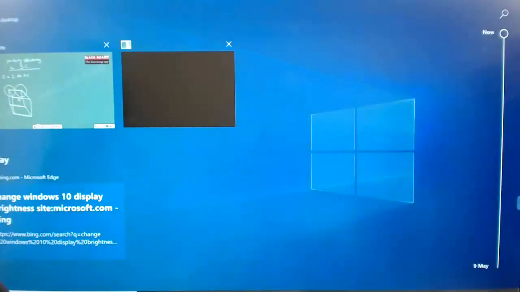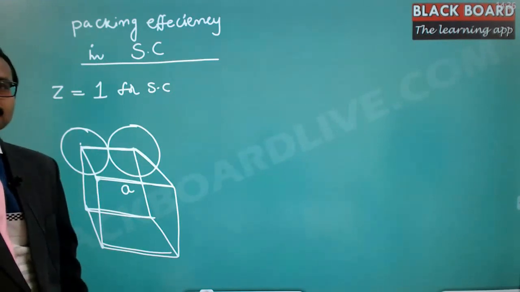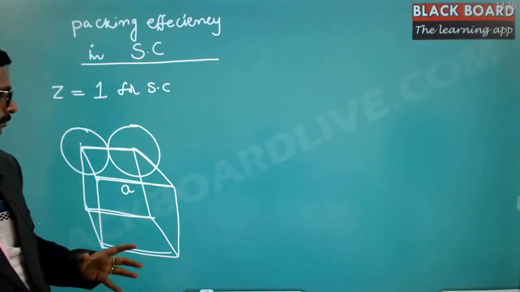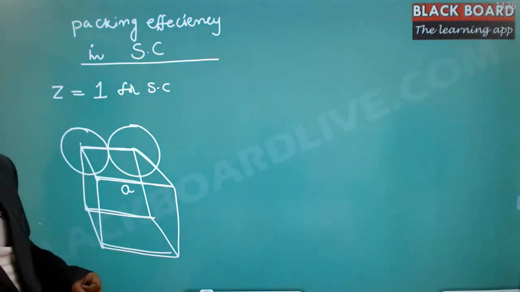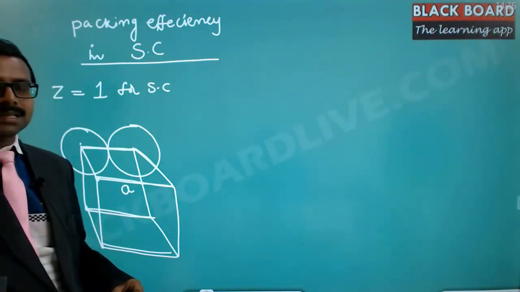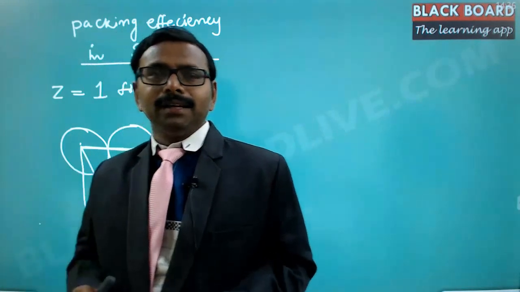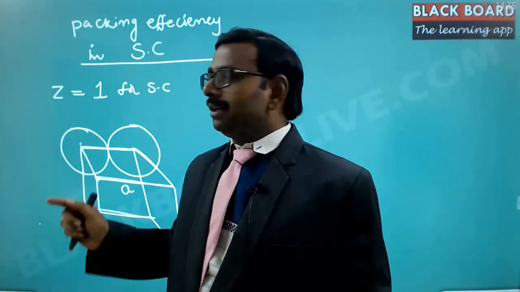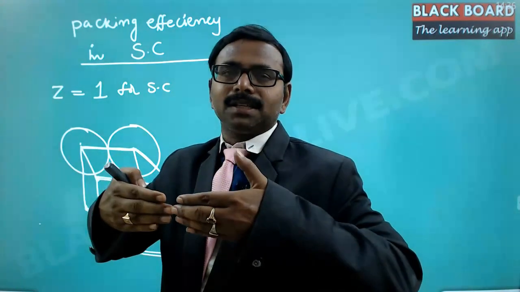In a simple cube system, the nearest neighbors are along the edge length. They touch each other.